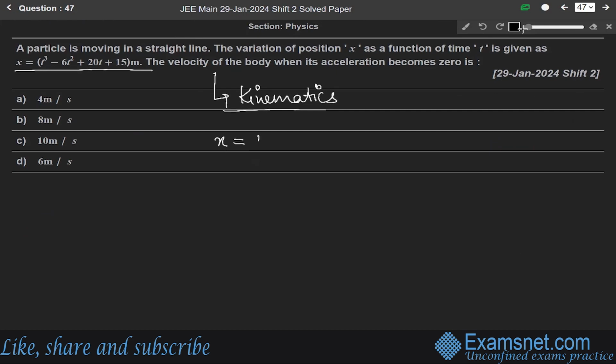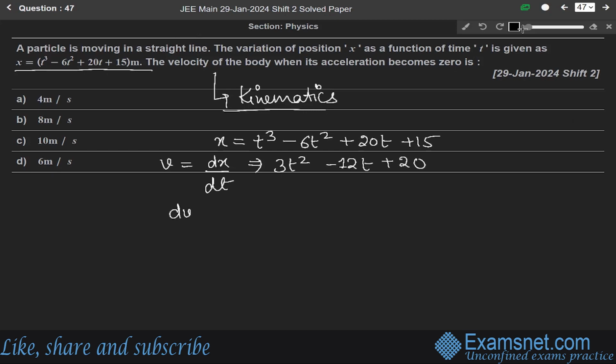So x is given as t cube minus 6t square plus 20t plus 15. So velocity is what? dx over dt. So it will be equal to 3t square minus 12t plus 20. And dv over dt is what? Acceleration.